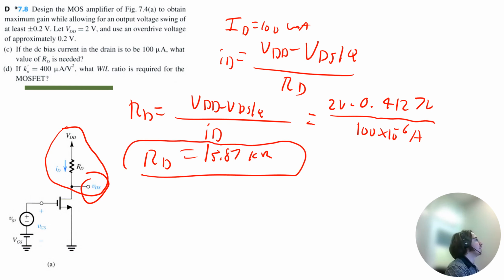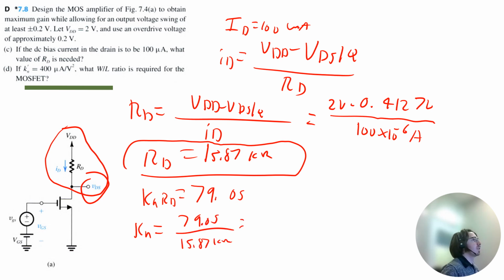Lastly, we have part D. If Kn prime is equal to 400 microamps per volt squared, what W divided by L ratio is required? Okay, so we know that Kn times RD is equal to 79.05, and we know what RD is now. So Kn is equal to 79.05 divided by 15.87 kiloohms, which is equal to 4.98 milliamps per volt squared.